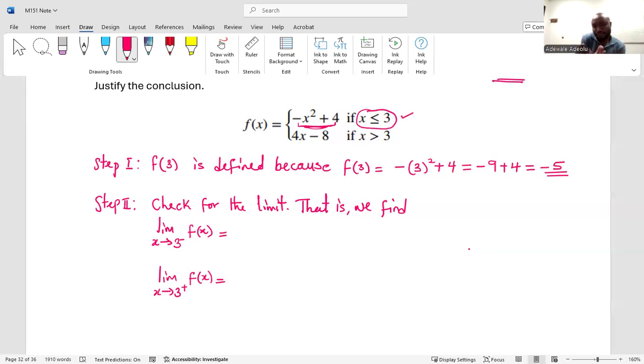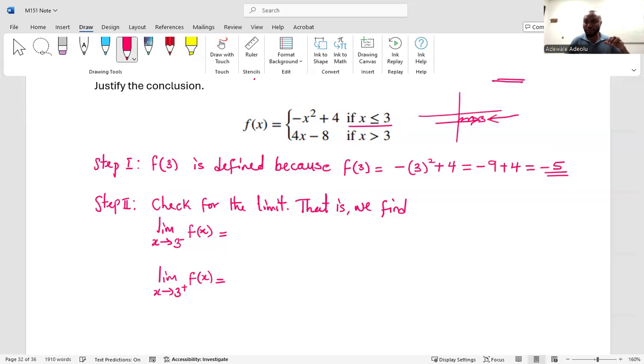So let us find the limit of f of x as x goes to 3 from the left. You go back to the domain. Now, here we have values of x less than 3. If this is 3, anything less than 3 will be from the left.